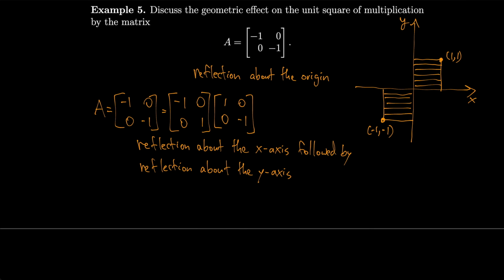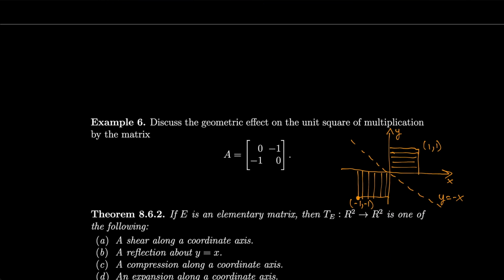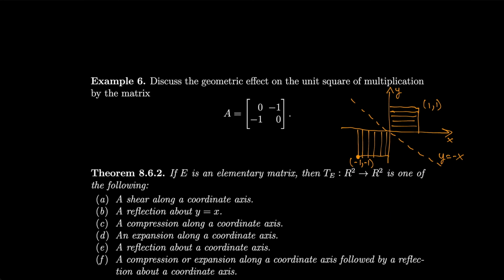You can think of this thing as kind of reflecting here and then reflecting here. So the shading is kind of in the same direction, but over here you have to think of it as reflecting about this line.